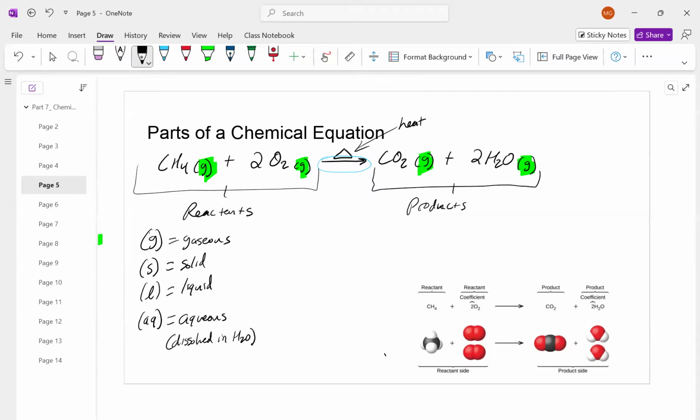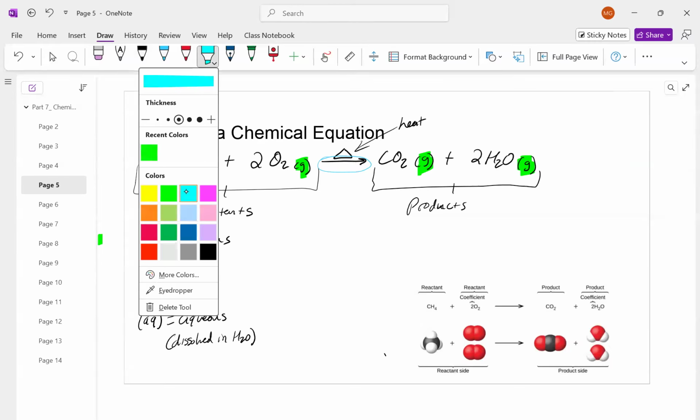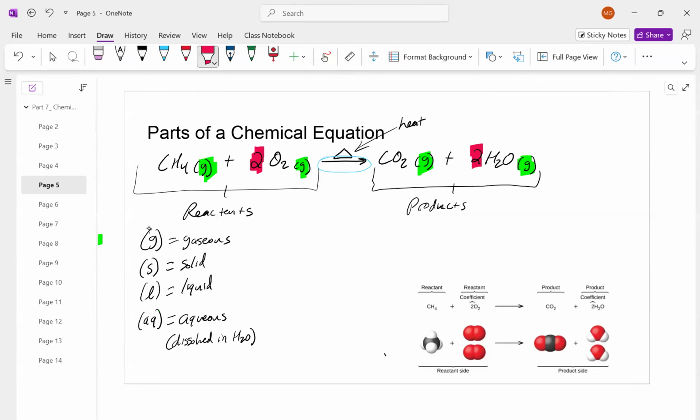Now, there's some other things that I haven't referred to quite yet, like these numbers next to some of the elements or atoms. These are referred to as coefficients. These are important values that basically tell you the ratio of those items in that chemical reaction.